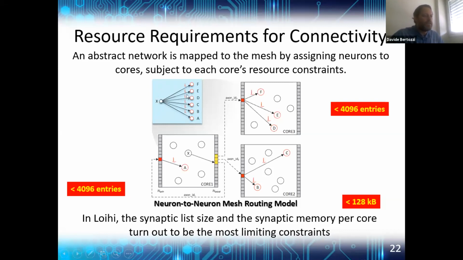These neurons are mapped to 3 different neural cores. Each neural core has the capability to accommodate different neurons, but here we are assuming that we are mapping them to 3 different neural cores. The spiky neuron X is placed here, and it has to send spikes to F, E, D in neural core 3, B and C in neural core 2, and to A in neural core 1.